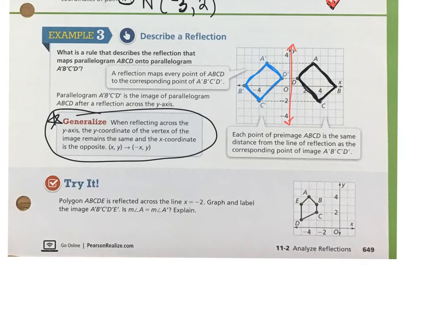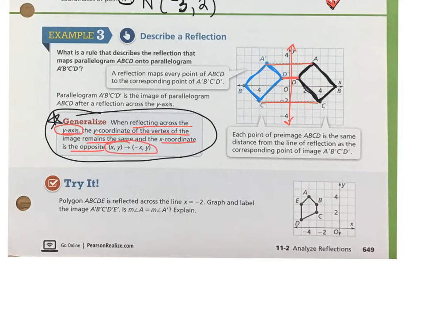So let's take a look at the mapping. A to A prime, C to C prime. You can see where the B and the D points are accordingly across that y-axis. So the generalization or the rule when reflecting across the y-axis is that the y-coordinate stays the same and the x-coordinate is the opposite.